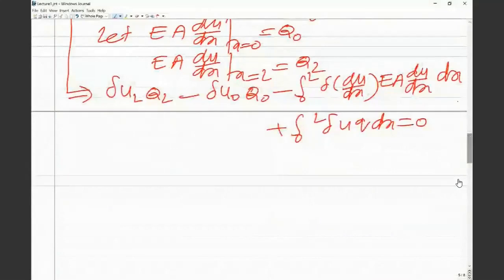Now, if you look at this integral term, it gives rise to what is known as the strain energy stored in the body, and we want to keep it positive. So when you get this weak form, if the strain energy is not coming out positive, you multiply the whole expression by -1.